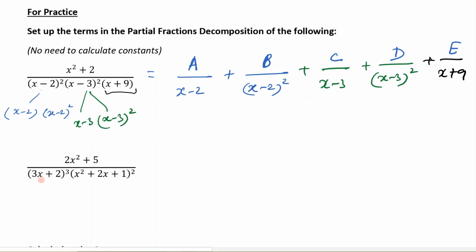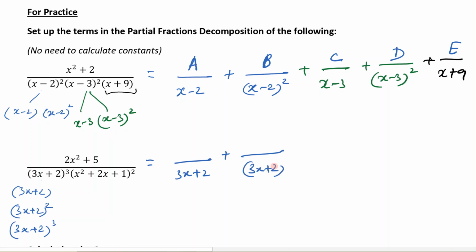In the next one we have a linear factor cubed, and a quadratic factor squared. First thing we notice is that we have degree 3, so it's going to have three terms: 3x plus 2, 3x plus 2 square, and 3x plus 2 cube.